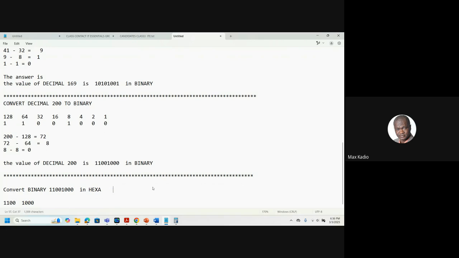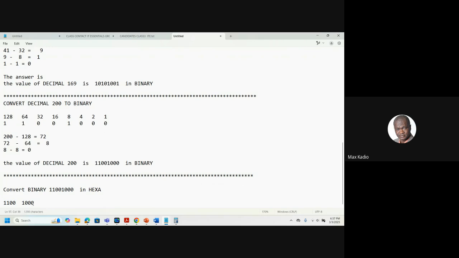If the binary was, let's say, 1, 1, 1, 1, 1 only, you cut 1, 2, 3, 4, and 1 here, but we need 4. There is nothing in front. So you always start from right to left, 4 at a time. If it's not 4, you add some zeros.